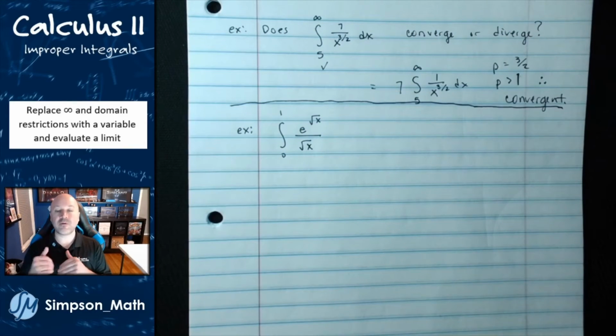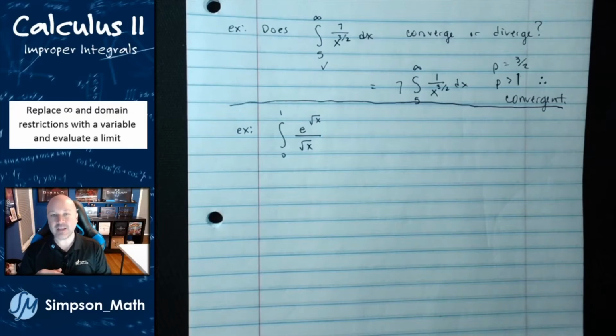I'd like to integrate from 0 to 1 e to the square root of x over the square root of x. So I've been working on strategies for a few weeks now, and I see some good u substitutions, but there's something new here that's scaring me. What is scaring me?